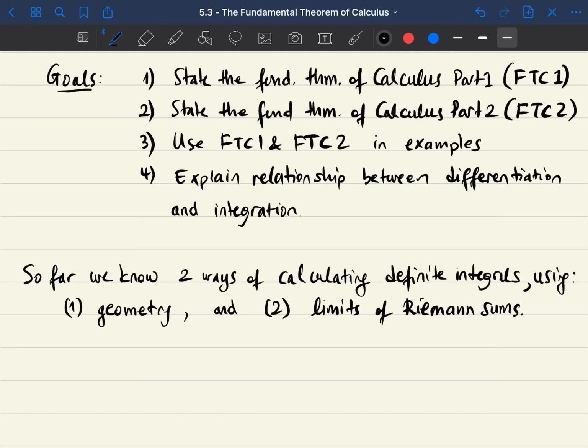Now, of course, using geometry is nice but limited, because if you have very complicated shapes, it's going to be hard to compute the area. And the limits of Riemann sums is also very powerful, and this is comprehensive, so you can define a priori any definite integral using limits of Riemann sums, but this is usually hard.